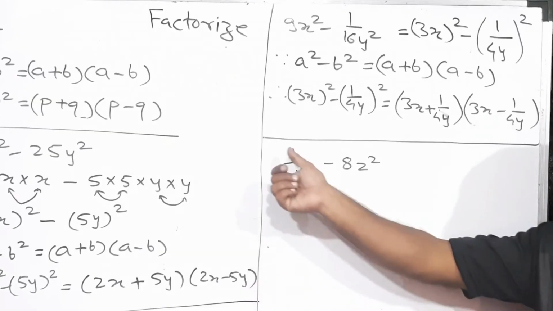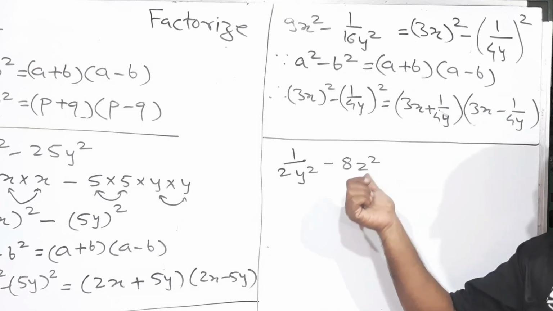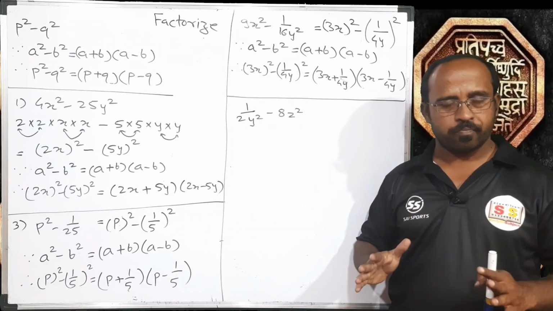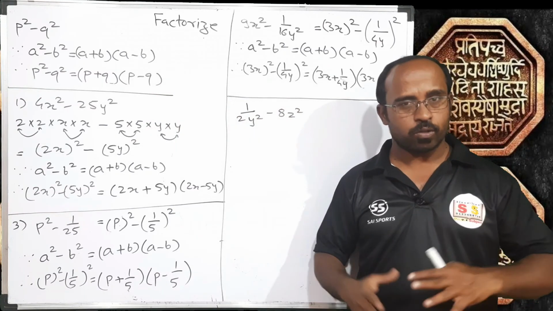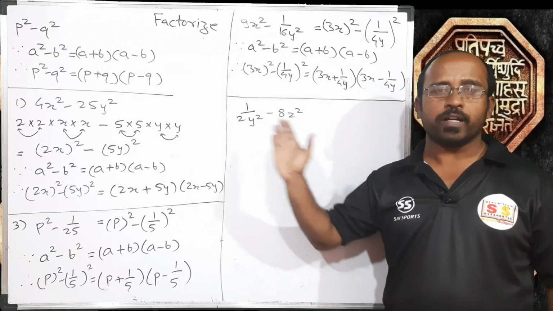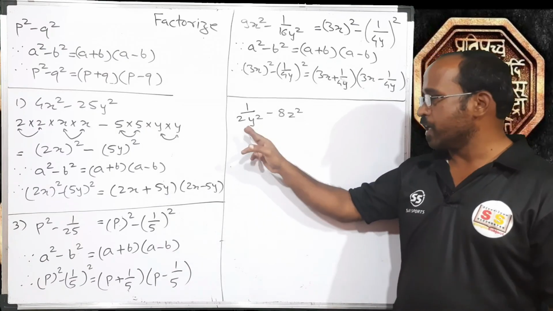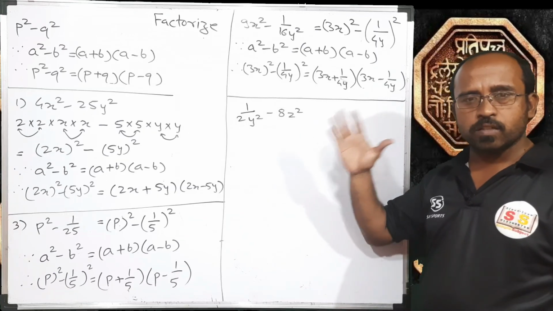Next example is 1 upon 2 y square minus 8z square. Both are not squares of any number. So we can't use the formula of a square minus b square directly. Then what to do? Before solving this, we have learned how to factorize individual monomials. So students, while factorizing, what are we doing?